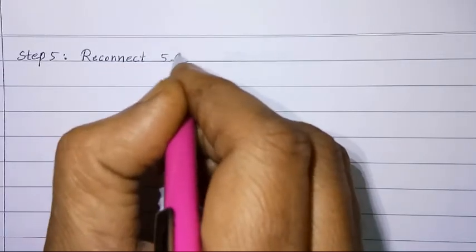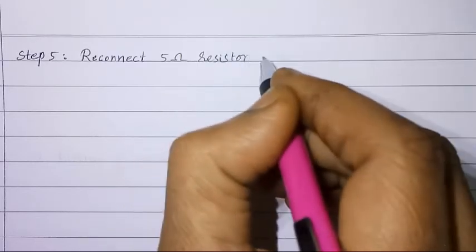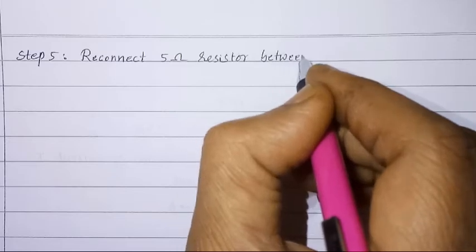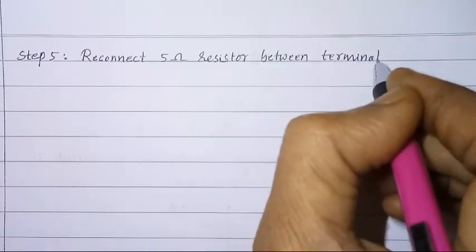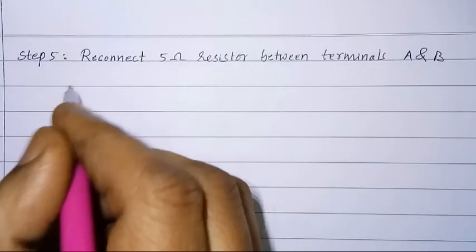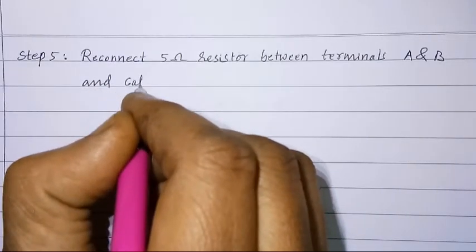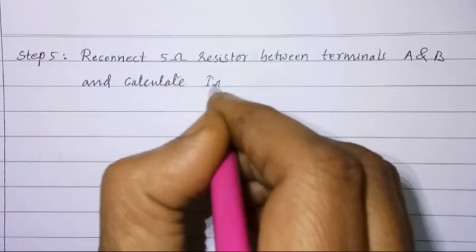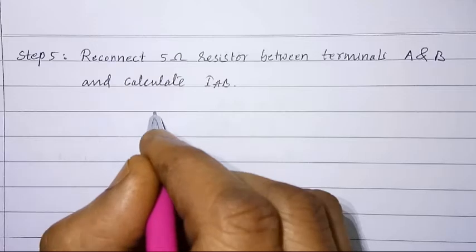Reconnect 5 ohm resistor between terminals A and B and calculate IAB. So what will we have here?